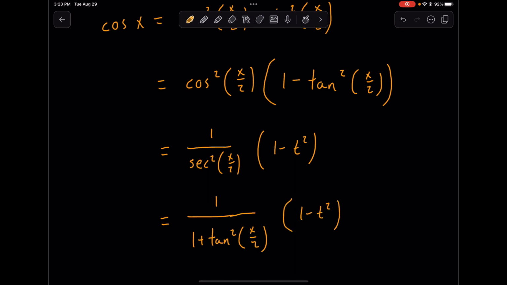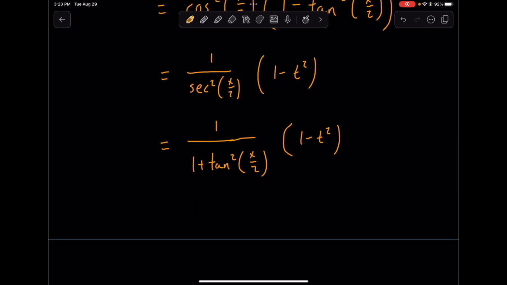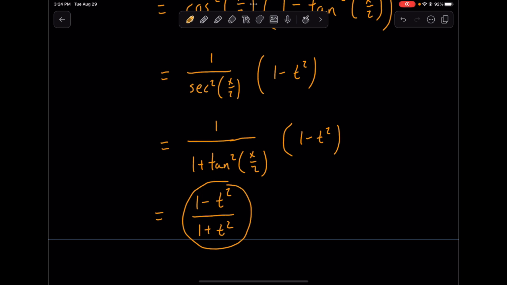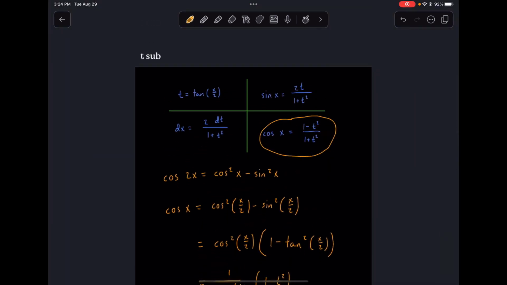And lastly, we just substitute in t squared for that denominator. So it's 1 minus t squared in the numerator over 1 plus t squared. And so that is how you prove the cosine substitution.